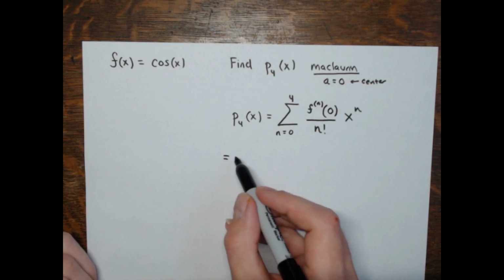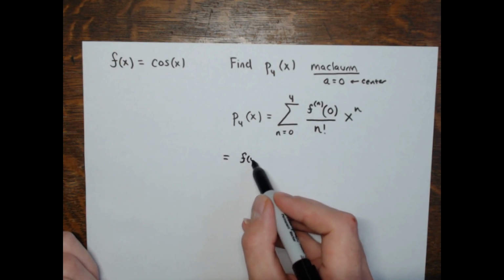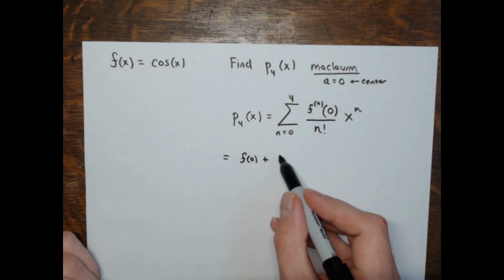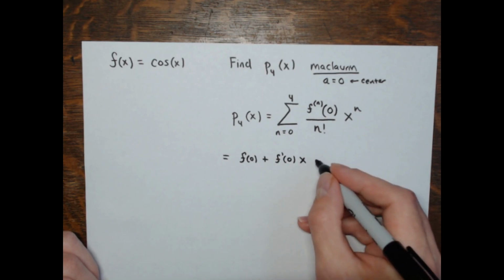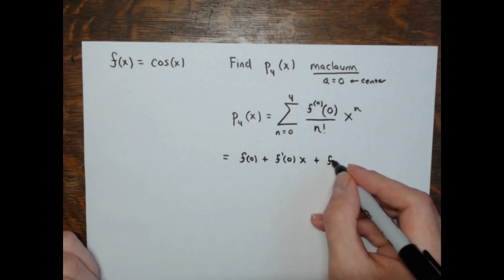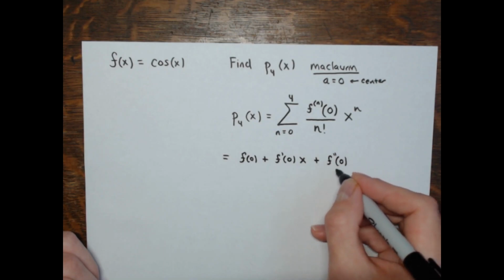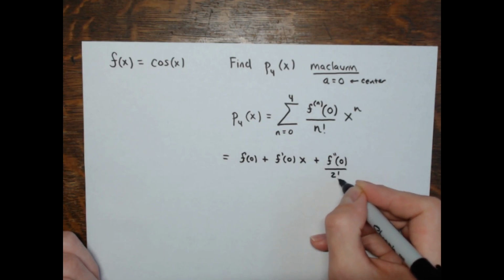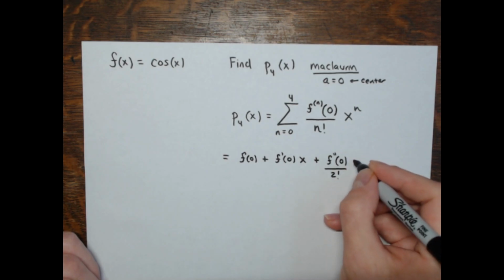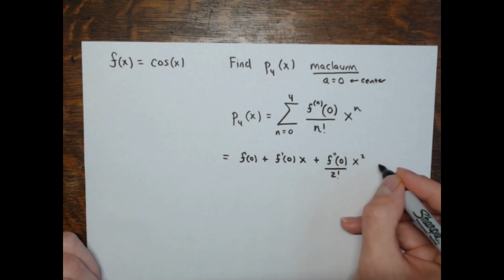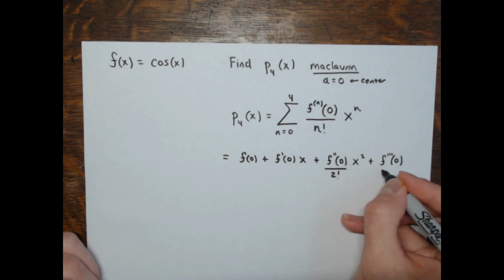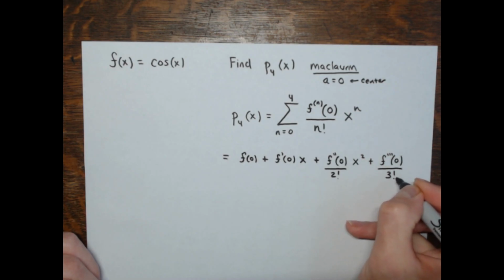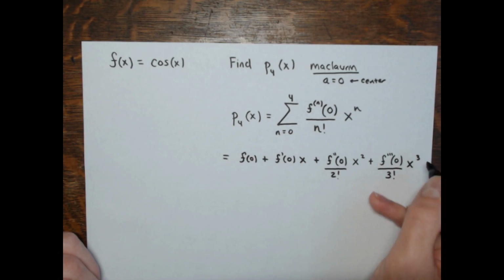So if I write all this out, this would be f of 0 plus f prime at 0 times x plus the second derivative at 0 divided by 2 factorial, or just divided by 2, times x squared plus the value of the third derivative at 0 divided by 3 factorial, or divided by 6, times x cubed.